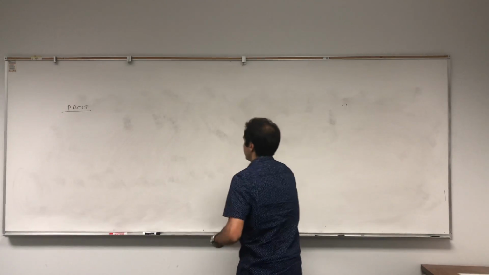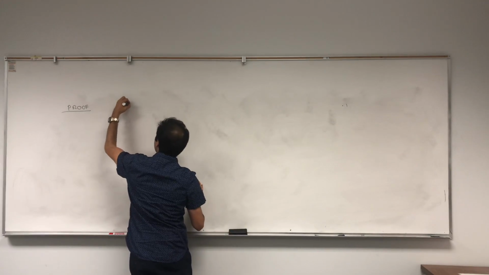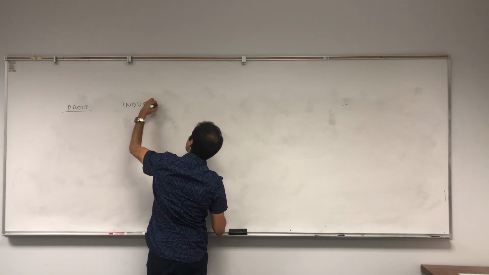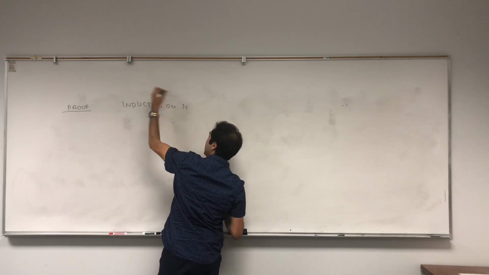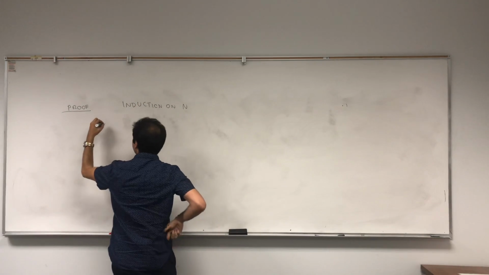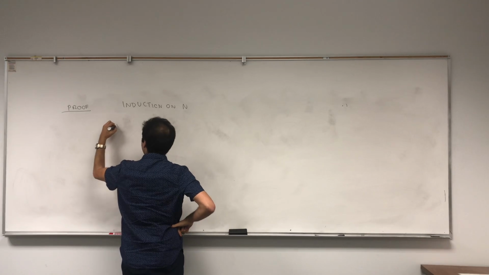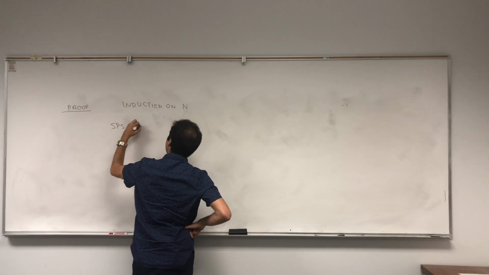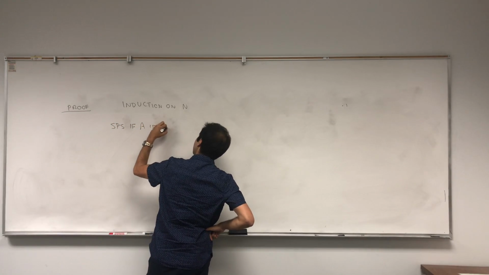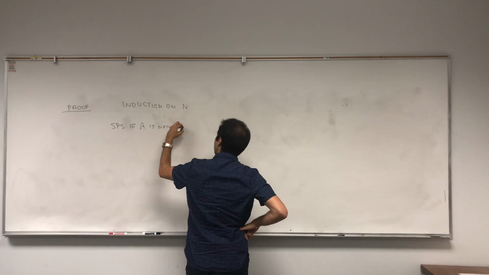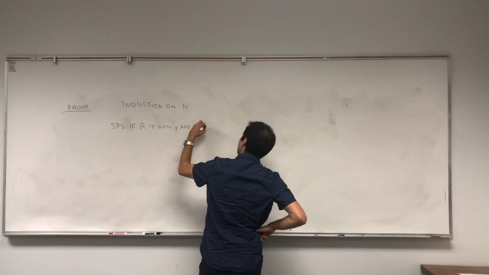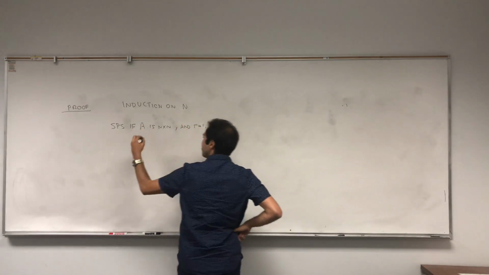So now let's do induction on n, which is the size of our matrix. Suppose A is n by n and r is from 1 up to n, then the result is true.